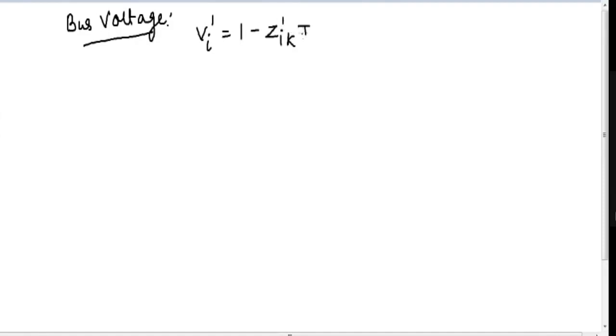So for the bus voltage with reference to the positive sequence component, Vi1 is equal to 1 minus Zik1 IK1. This is the formula that we have for the bus voltage with respect to the positive sequence.